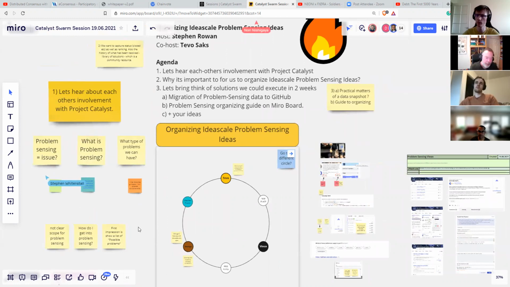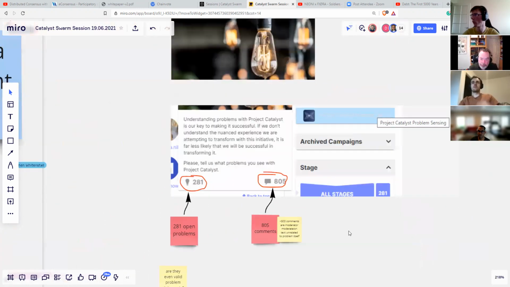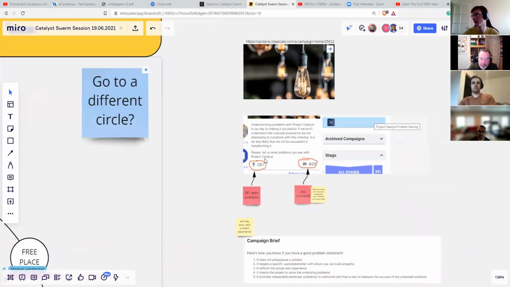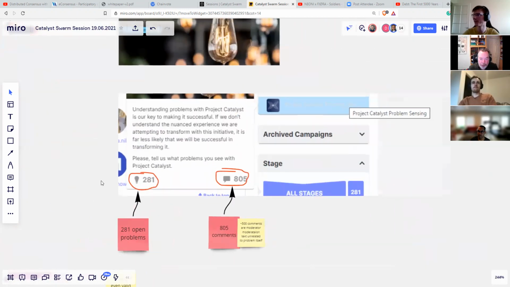How many records are there, Tivo? 281, when I look at the picture on the Mario board. Yeah, if you go to the Mario board, you see there that we have 281 problem sensing, or whatever you want to call it, problem sensing or suggestions, and 800 comments.